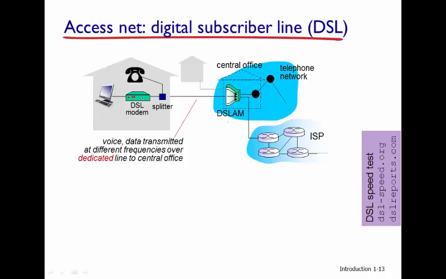From the DSL modem, there's a TV set connection, right? And from this modem you will have a wireless router. So your PC is usually connected to that wireless router.